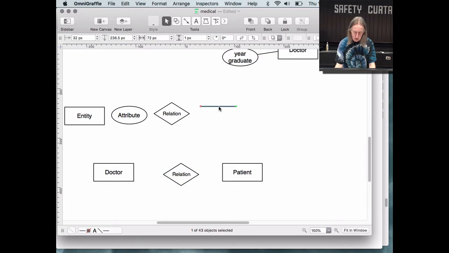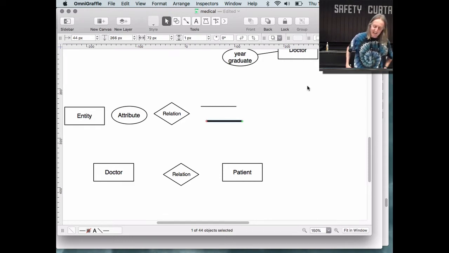Relationships between doctor and patient. I'm just wondering, oh, I could have done this earlier. What a goof. Let me see. Damn. Thank you. There's probably arrows somewhere as well, which I might need any minute.